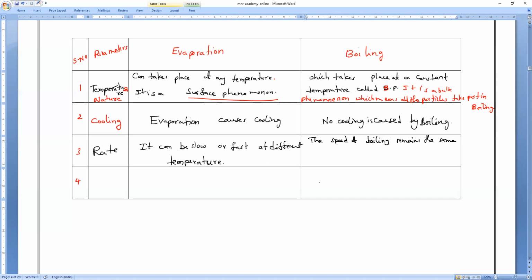Same, but the conversion of liquid into gas becomes faster at high temperatures.